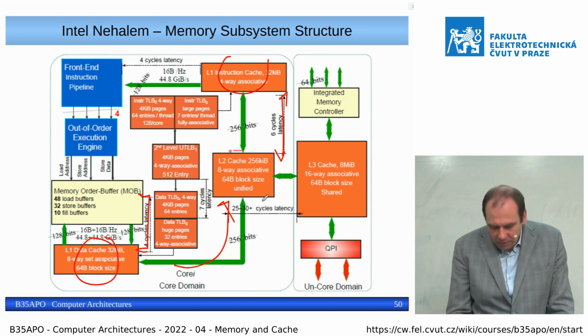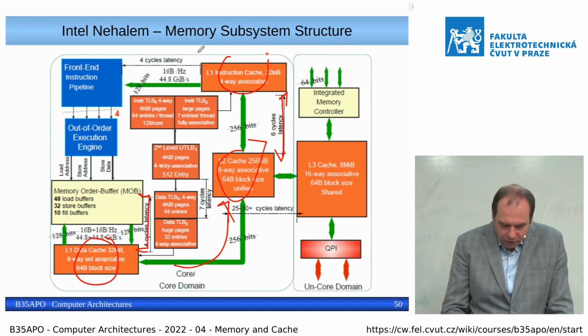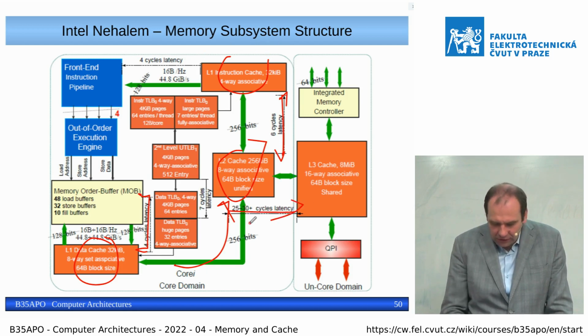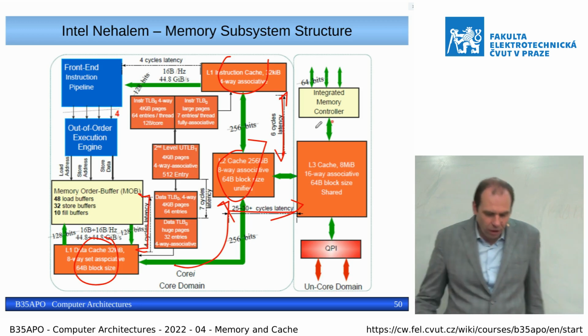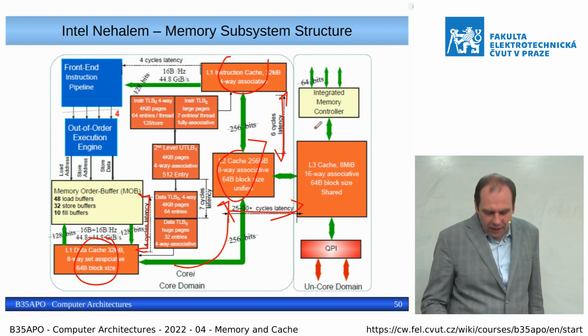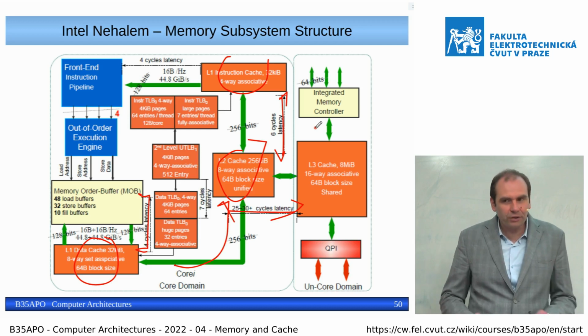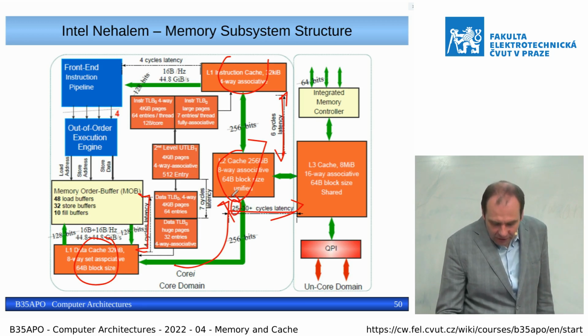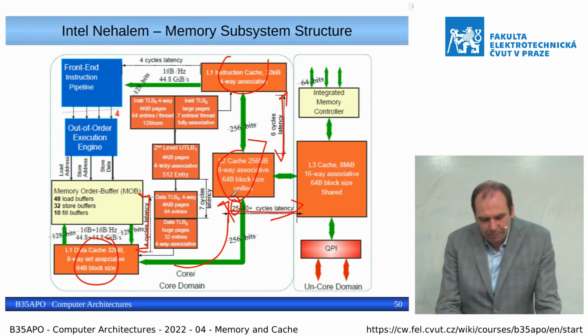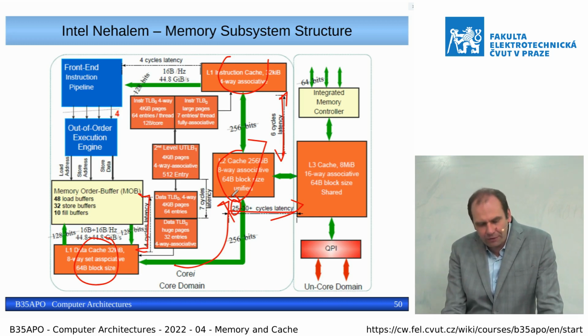And at the moment when you do not find the data in the local cache, the L2 cache for a given core, then you need to access the data from the common L3 cache. And there can be a collision from the accesses from multiple cores and so on. But anyway, even in the optimum case, you get a penalty of another 25 cycles.